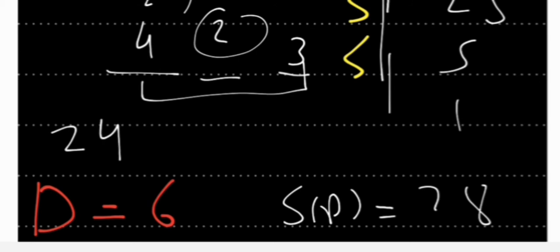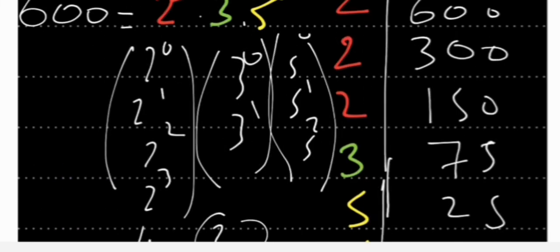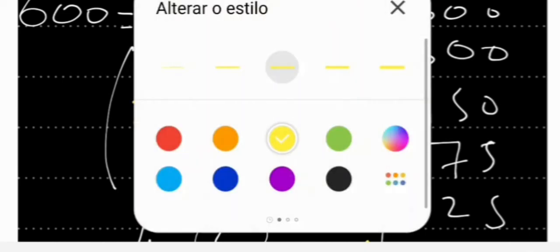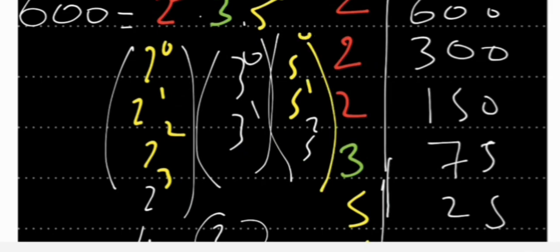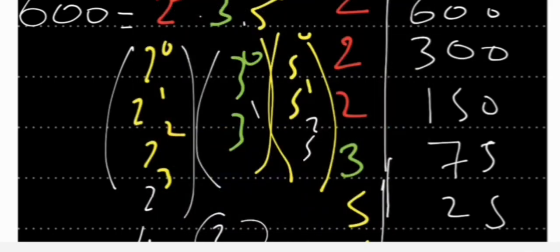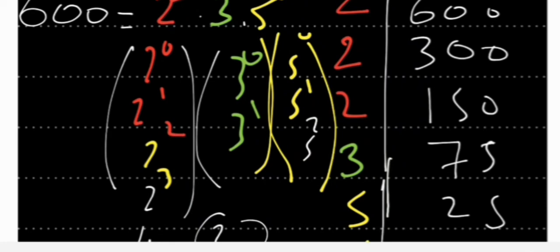Okay, so 24. What I did here was just this one was the yellow one, this one was the green one, and this one was the red one. Okay, so this is a way for us to represent it.